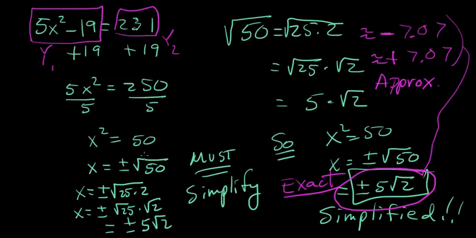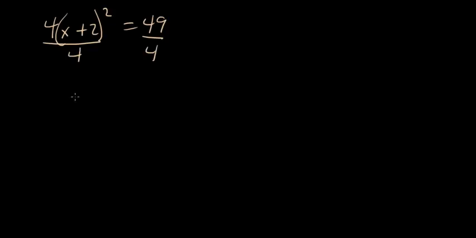So let's try another one here. And this one says solve 4 times x plus 2 quantity squared equals 49. Now here I'm going to use algebra to start with. To start with, I'll divide by 4. Okay, and I have x plus 2 quantity squared equals 49 over 4. I don't see any way to reduce that.